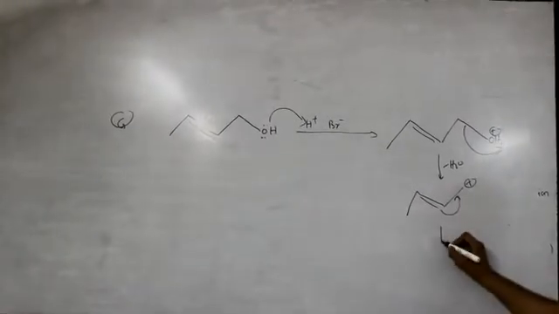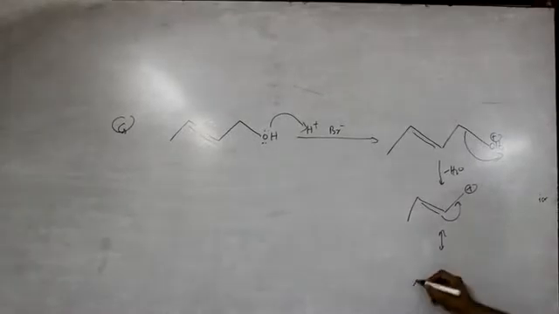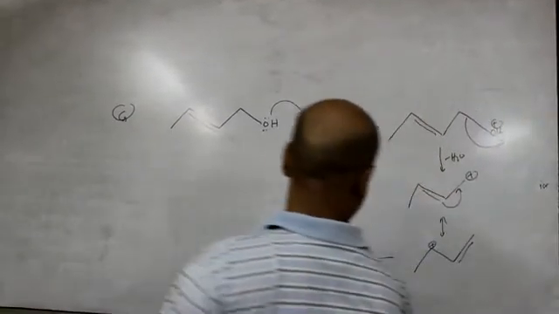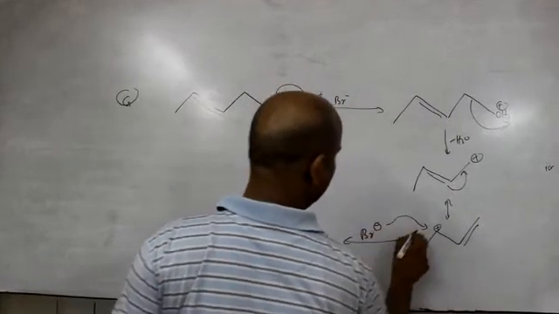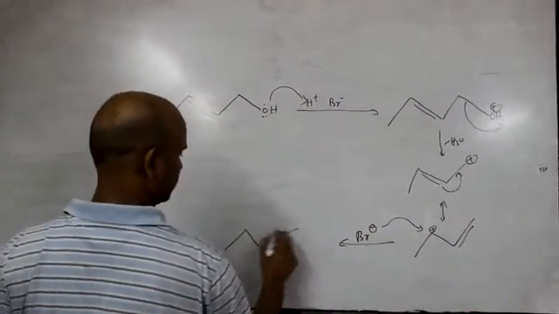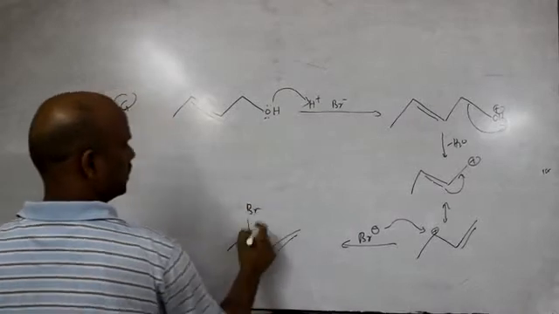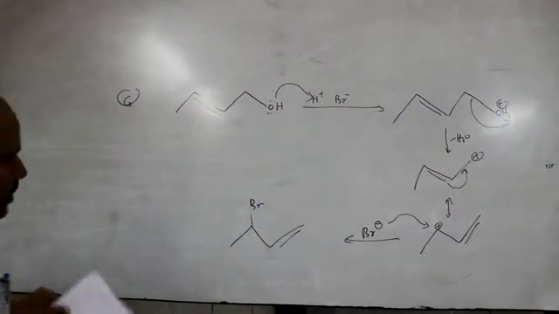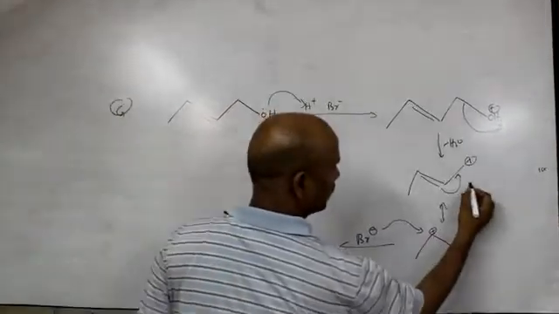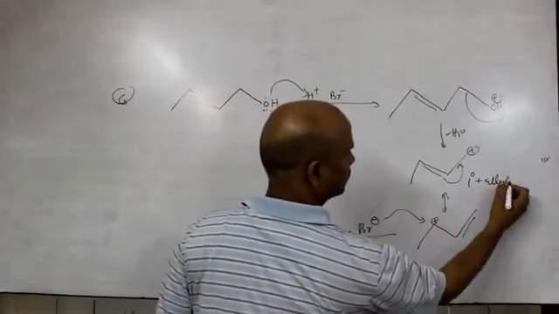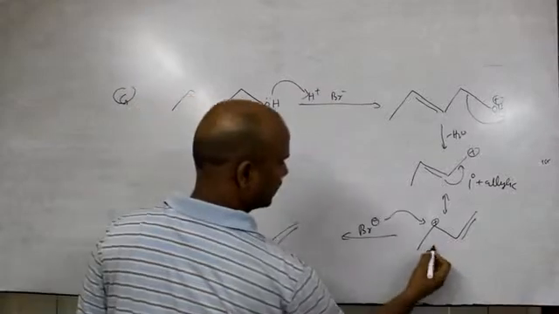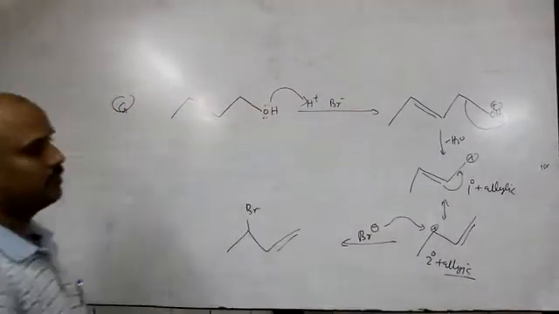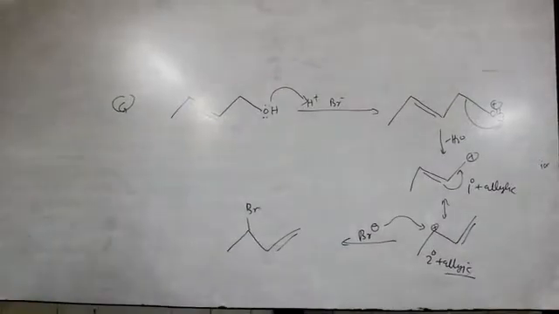Now it rearranges. This is the final product because this was primary plus allylic, and this cation is secondary plus allylic. In a certain way it will rearrange to become more stable.